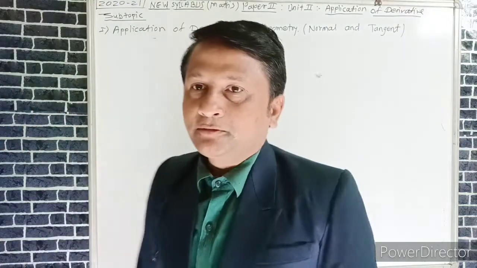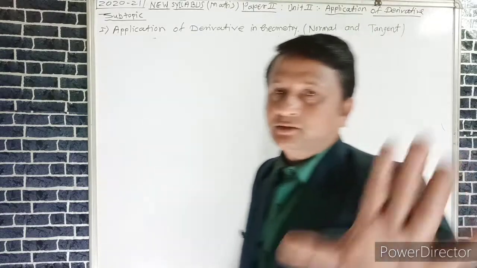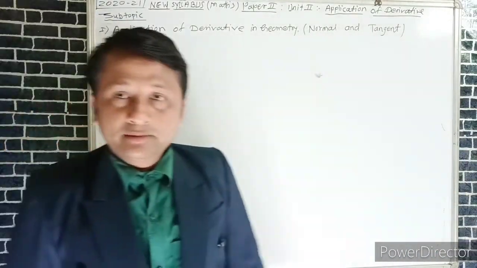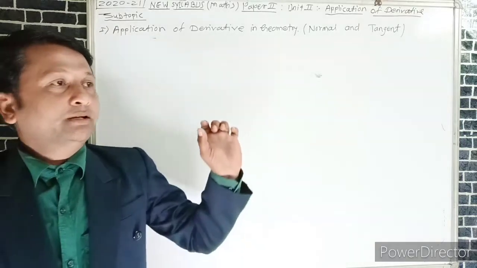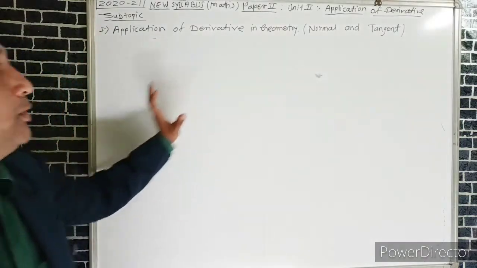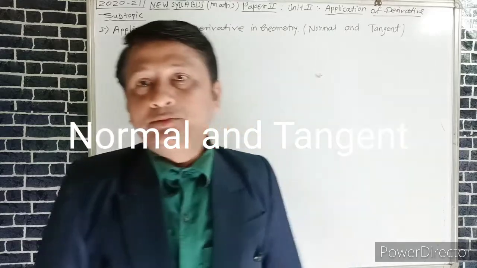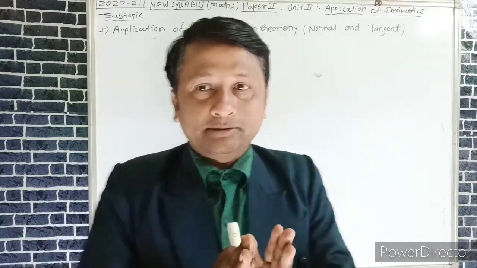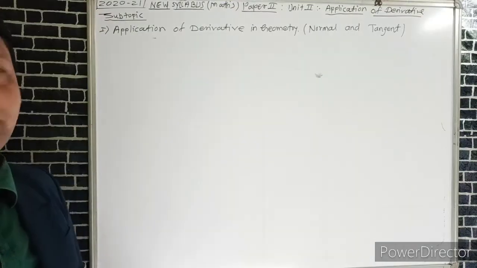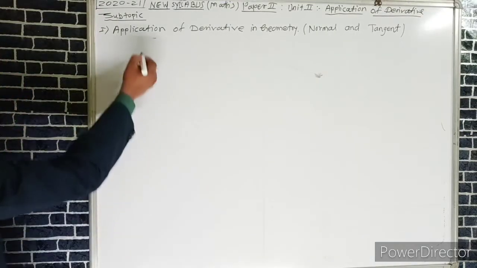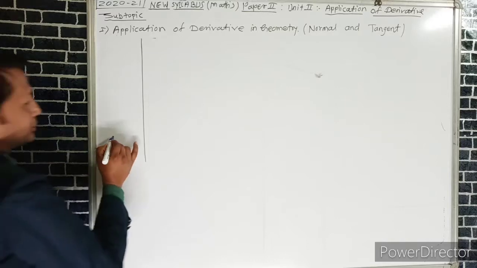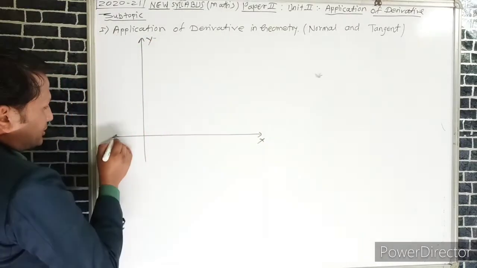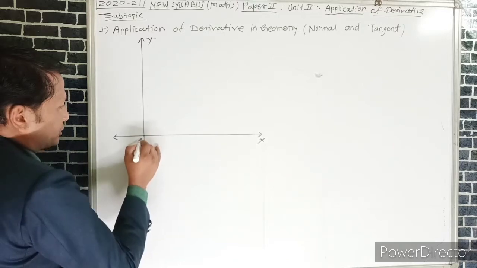So now we see the first part of application of derivative, which is application in geometry. Here, the application of geometry in normal and tangents. You know, first about normal and after that tangent. In an xy plane, there is the x-axis and the y-axis, which intersect at the origin.